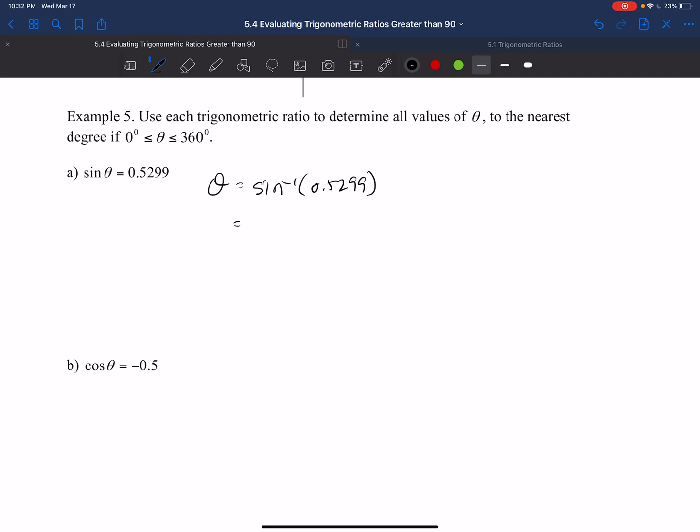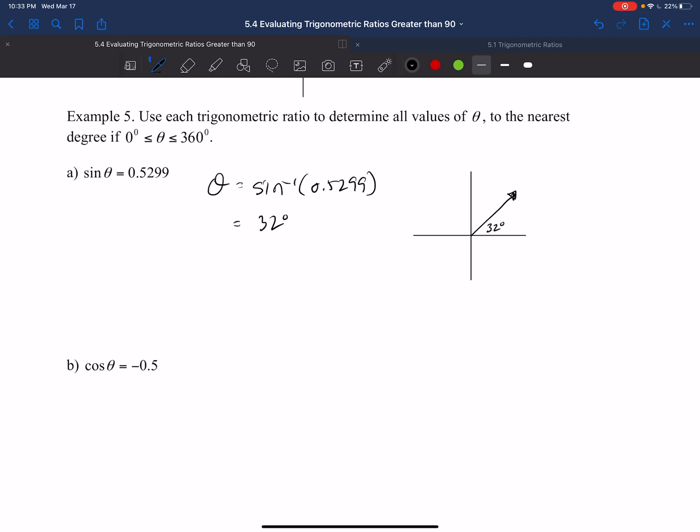And if you type that into your calculator, you get something like 32. But I know that there are two angles. So I have to consider what the other angle might be.